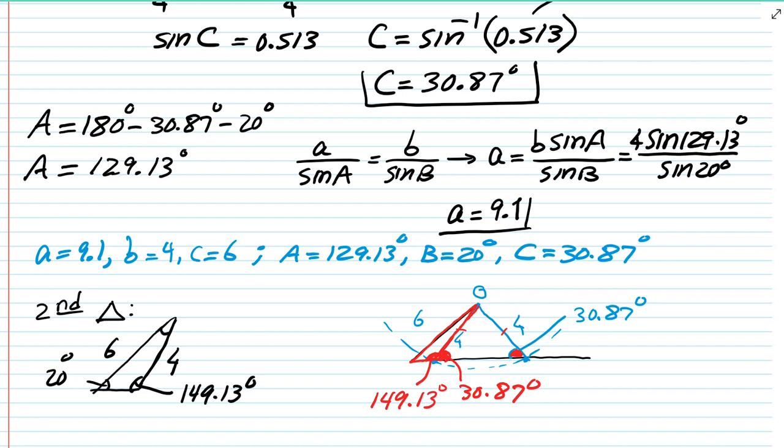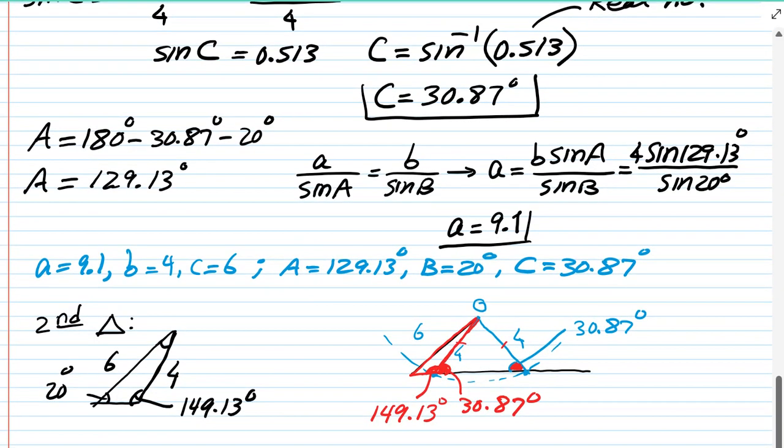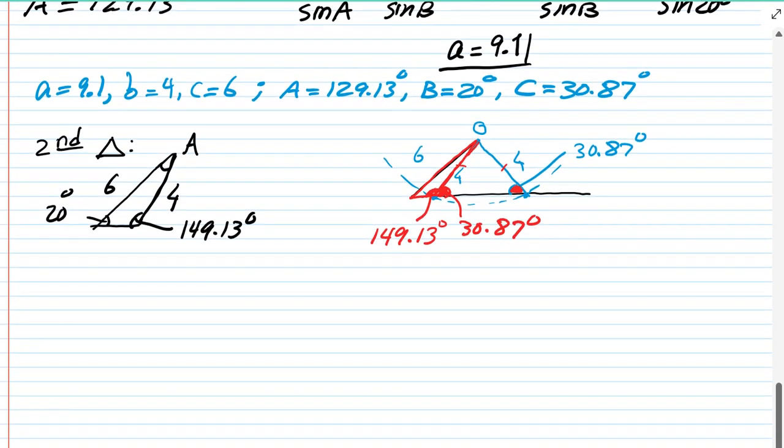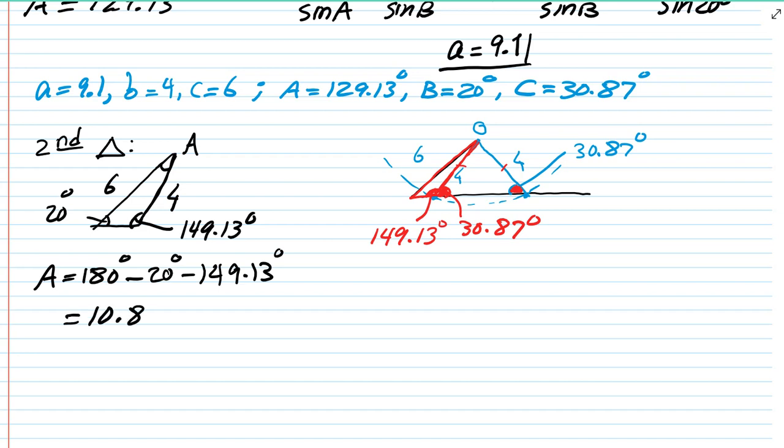And now we can find the measure of this angle, which we called angle A. So angle A is now 180 less 20 less 149.13 degrees. And that angle is going to be 10.87 degrees.